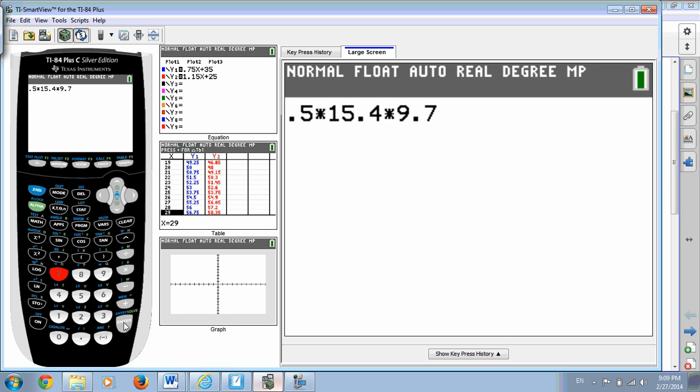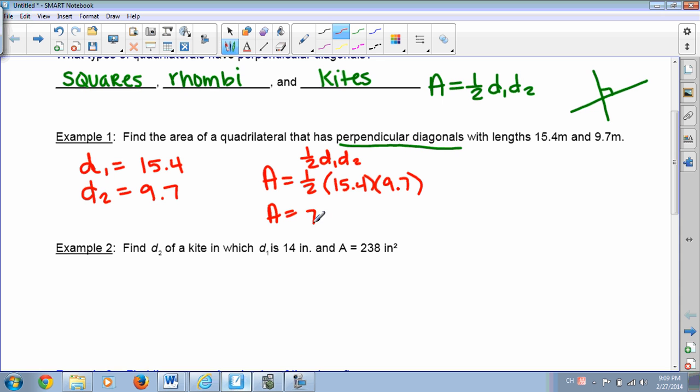And you have the area of your quadrilateral, 74.69. And because we're measuring in meters, that would be meters squared because it is area.